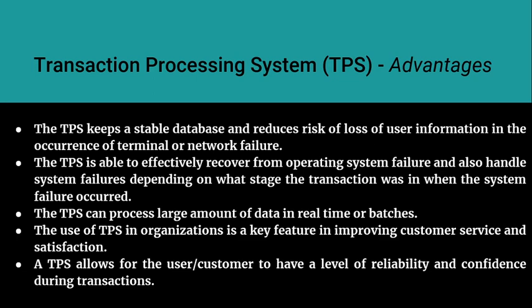So these systems are designed in such a way that the transaction data that has been provided into the system before the system failure occurs, it will keep it with it. Right? So that's why the next one says the TPS is able to effectively recover from the operating system failure and also handle the system failures depending on what stage the transaction was in when the system failure occurred.